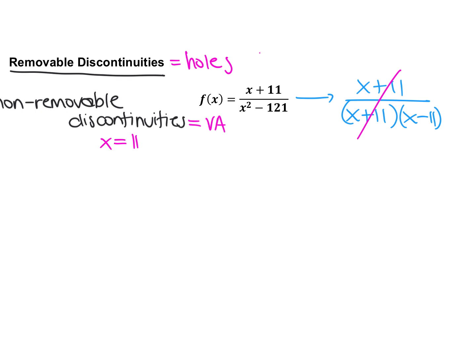The removable one would be negative 11. They call it removable because it's literally removed from the equation when you cancel it. It's gone. Non-removable is literally still in the equation, okay? Those are very easy questions. That's like pre-calculus, right? But it's just knowing the language there, all right?